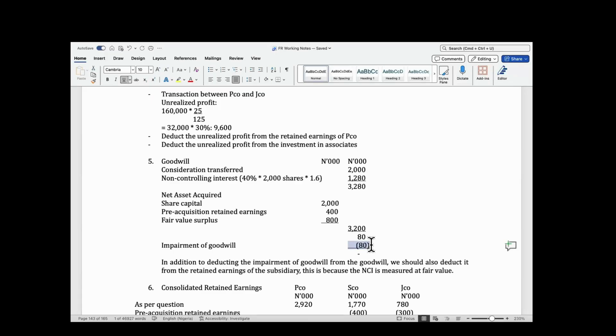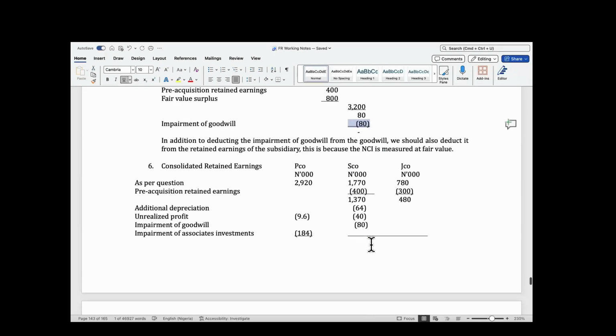All worked out. Additionally, whatever is remaining will then be shared between the parent and the NCI. While for this one, it's only the parent that will take his own share, 30%, and that's it.